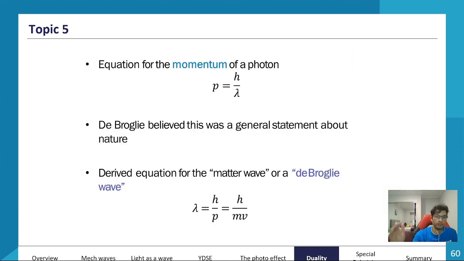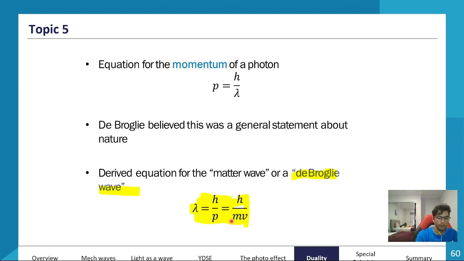And so this essentially proves that mass has a wavelength, and this wavelength is called the de Broglie wavelength, because this formula was derived by some guy named de Broglie. And so we get this wavelength is equal to h divided by mv, where mv is just momentum.